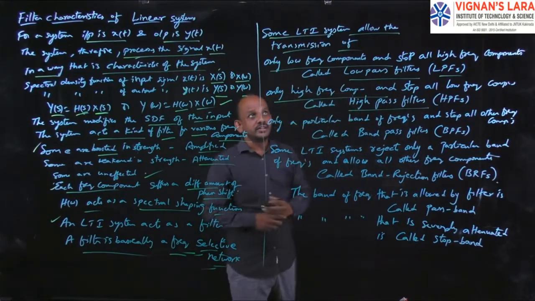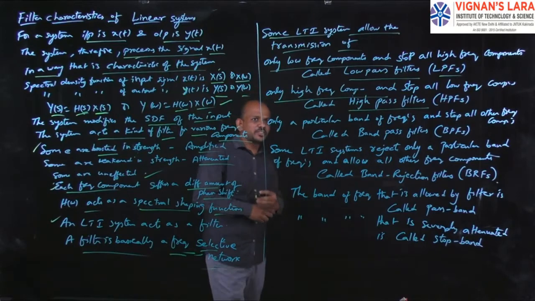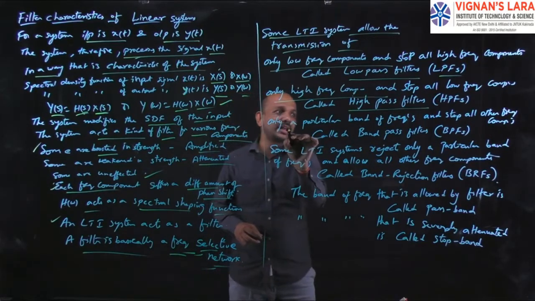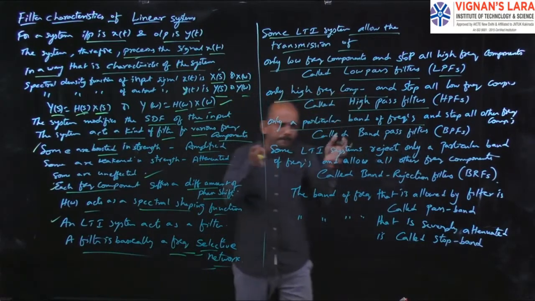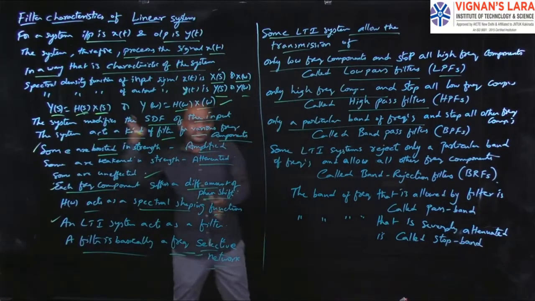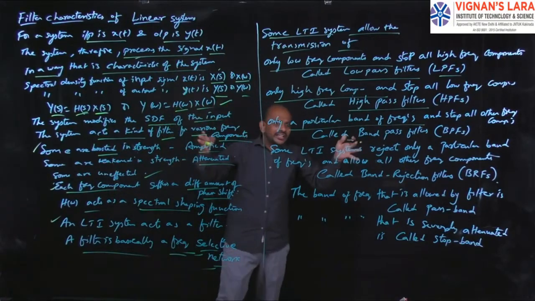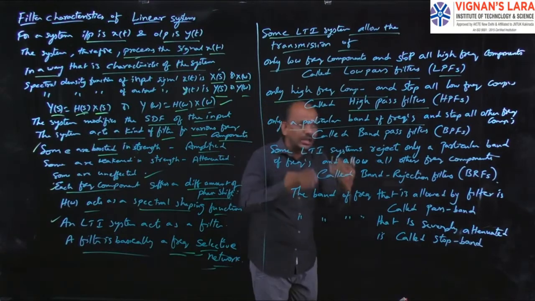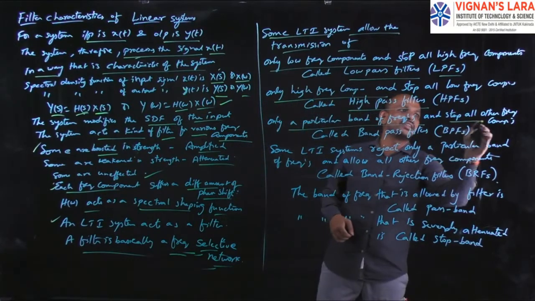Some other LTI systems allow the transmission of only a particular band of frequencies, from omega 1 to omega 2, and stop all other frequency components.